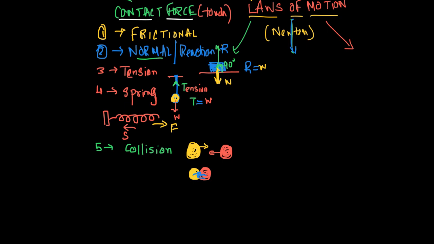This yellow ball was moving this side and will fly off the other side, and the red ball was moving this side and is going to fly off the other side. This is because of the collision. So this is known as collision force. So these five are the most common contact forces that we see in nature, right?